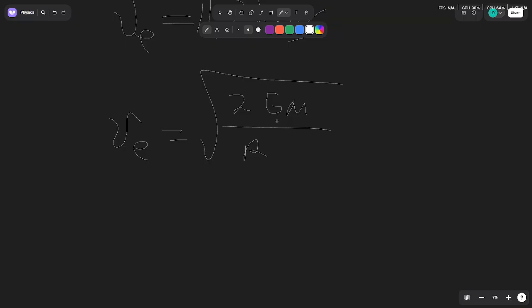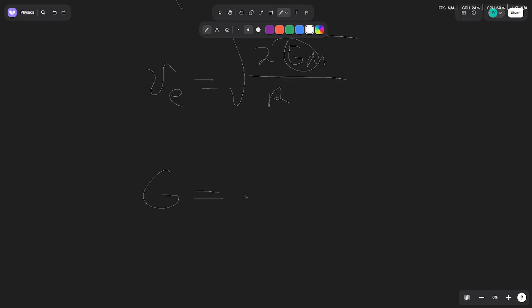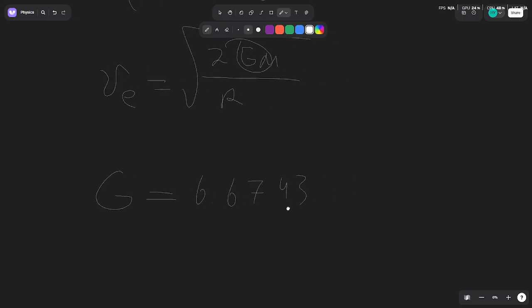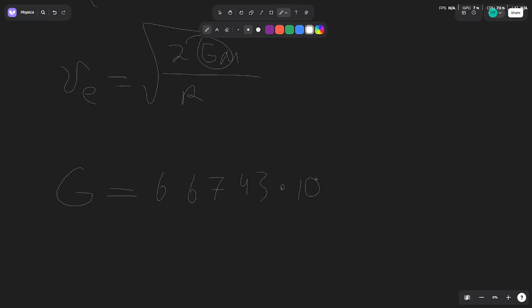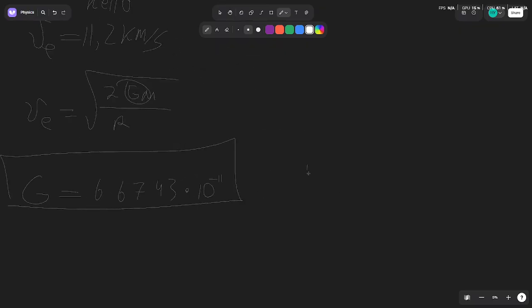And it's all clear here, except this thing. What is big G? Big G is the gravitational constant, right? It approximately equals 6.6743 times 10 to the negative 11 power. This is just a constant we use everywhere. While small g, which equals 9.8, we use only for the Earth.